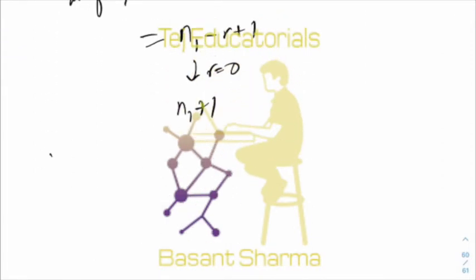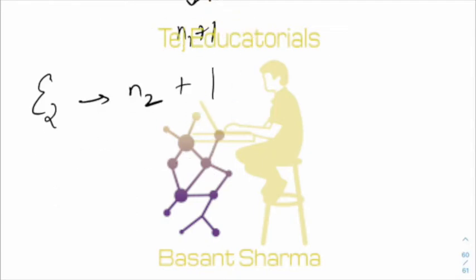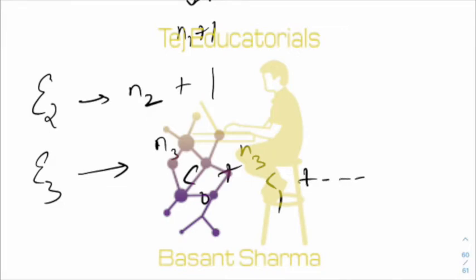Then similarly, event E2 is selecting at least 0 objects from bag B2, that is, either you select nothing from B2, or you select at least 1 object, 2 objects, 3 objects, up to n2 objects. Then event E3 would be selecting at least 0 objects from n3 different objects, that is nothing but n3C0 plus n3C1 plus up to n3Cn3, which is nothing but 2 to the power n3.